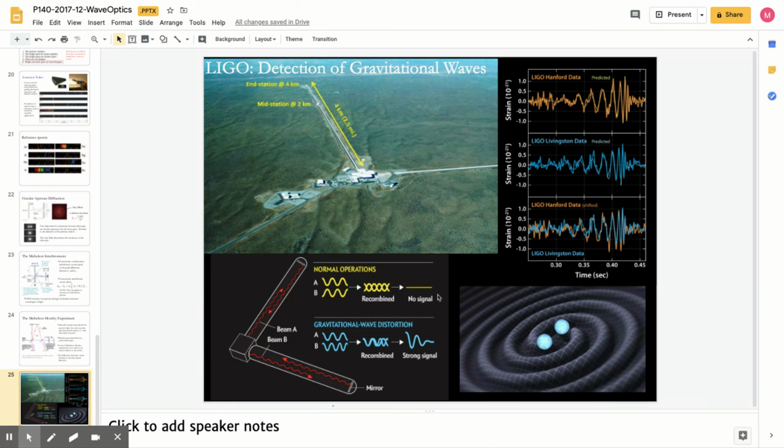They're detecting tiny, tiny differences between the two beams of light, beam A and beam B, and if there's a difference, they're able to detect it very precisely. Each of those interferometers is 4 kilometers long, and they're measuring teeny tiny changes. They're very, very sensitive.